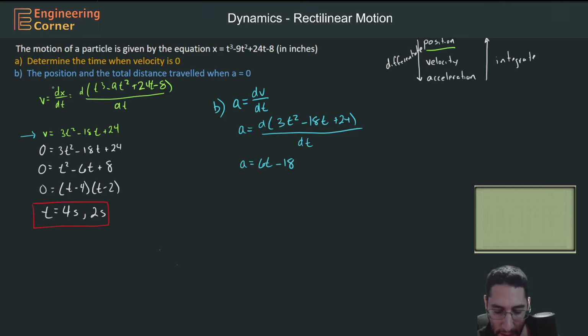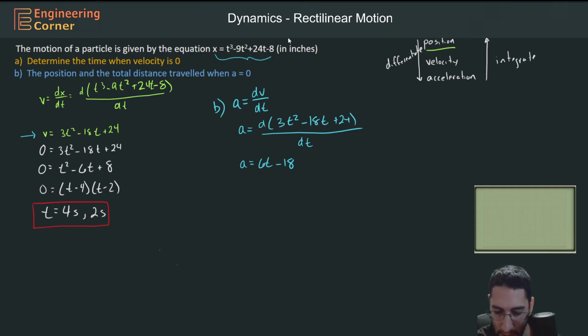And we're asked to figure out the position and total distance traveled when my acceleration is equal to 0. To do that, we need to solve for this time. Once we figure out what this time is, we can plug it back into our equation for distance up here.